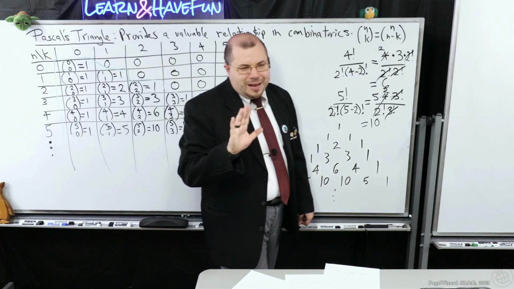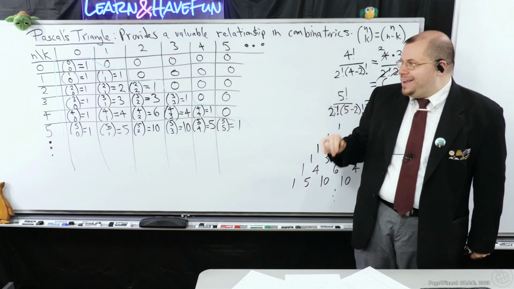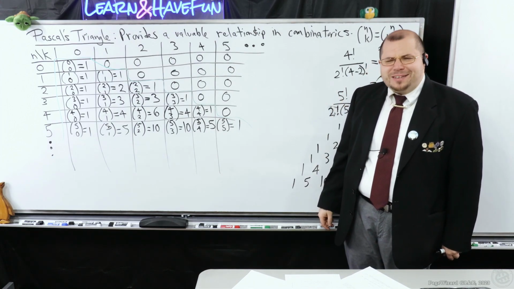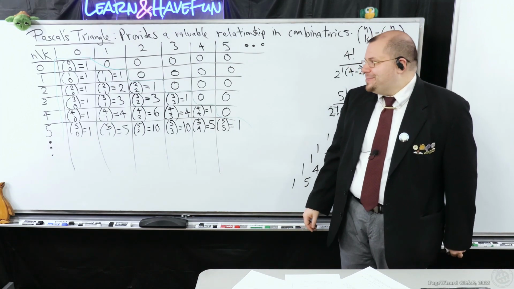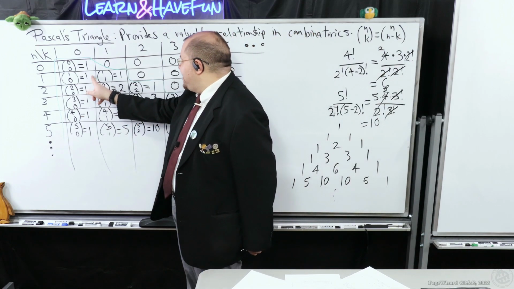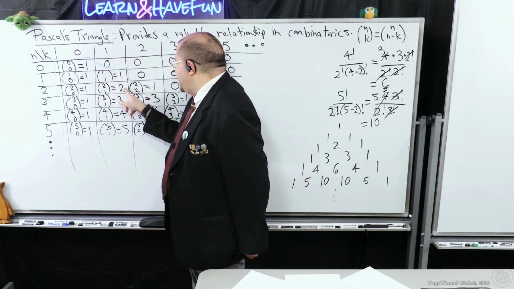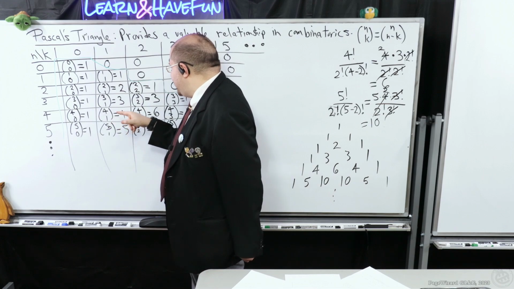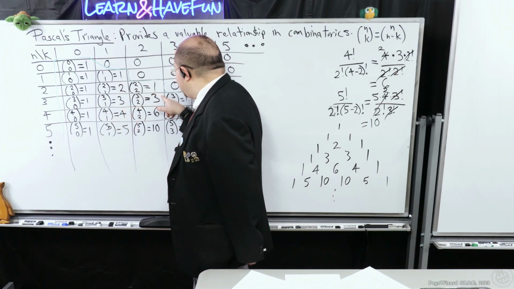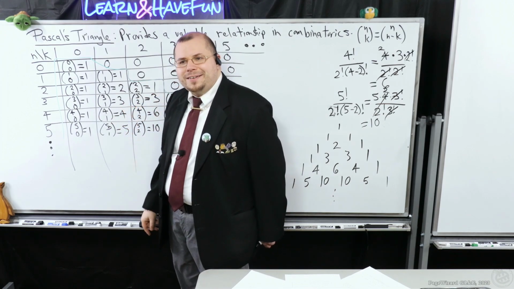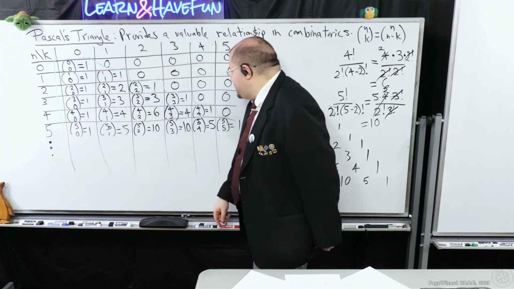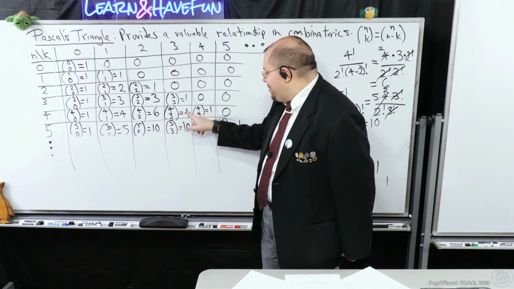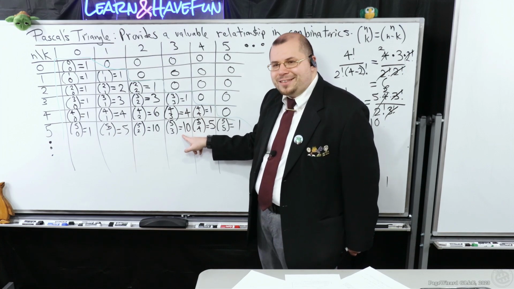Keep in mind, we haven't really answered why this would be the case. Do you notice that 1 is here, 1 is there, and that's a 2 there? And notice that 3, and there's a 3, and there's a 6 right here? Do you notice also that 6 and 4 are right here, and then that's a 10 right there?